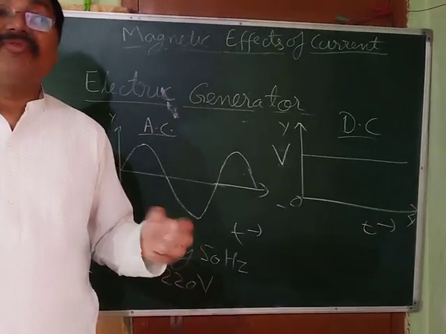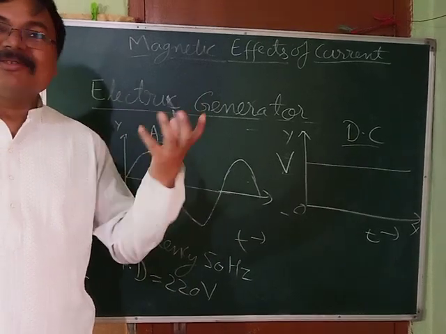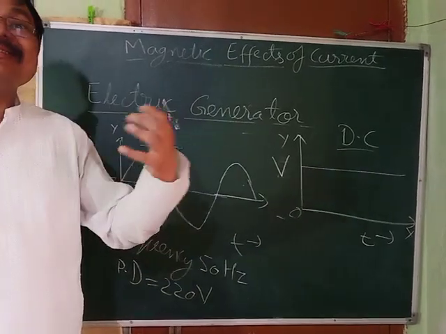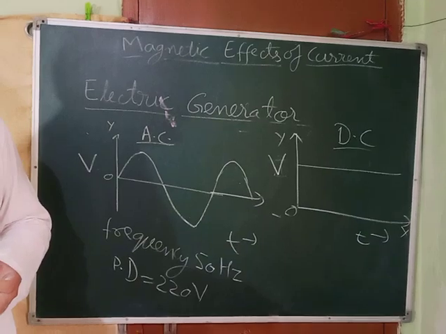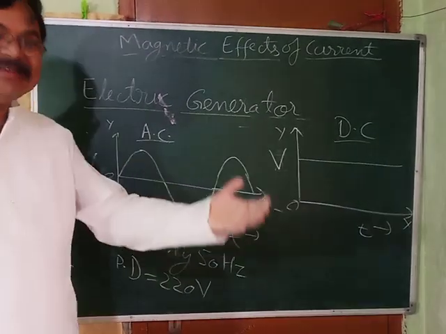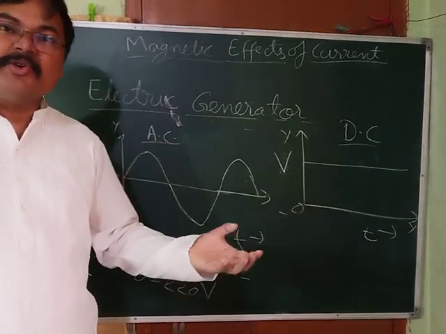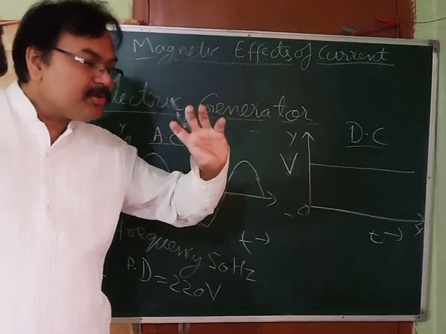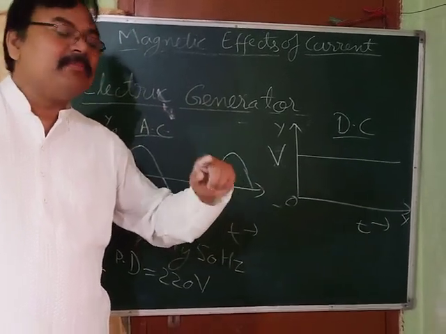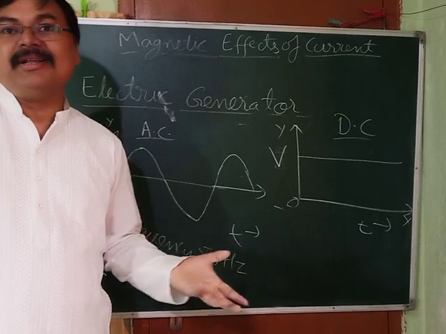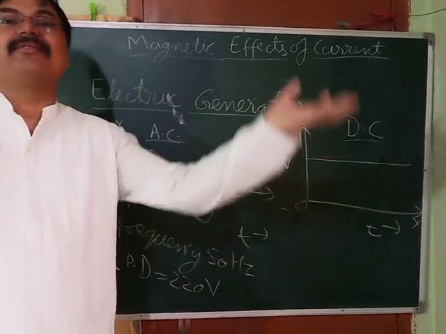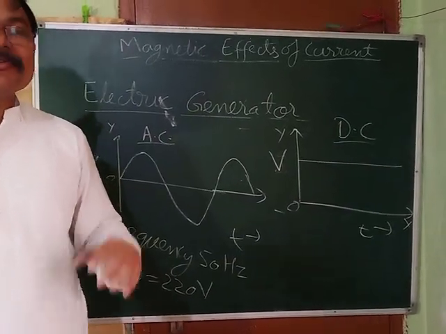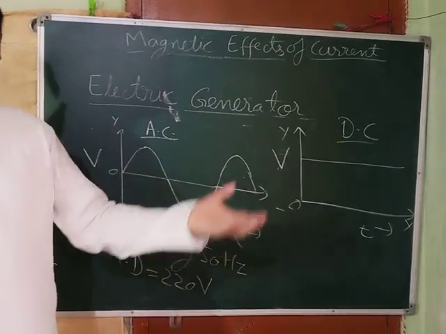In that generator the coil is rotated with the help of a diesel motor. We put diesel inside that, and that diesel is consumed to start a motor, and that motor rotates the coil, and when coil is rotated, electricity is produced. So we use different means to rotate that coil.